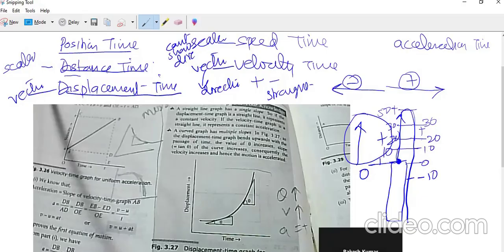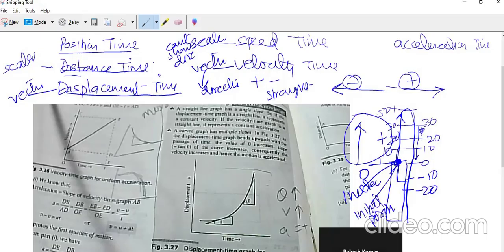You see, it was also going down here, but with respect to the initial position, the displacement was still 30. But now with respect to this, it is minus 10, minus 20. We always talk with respect to the initial position.